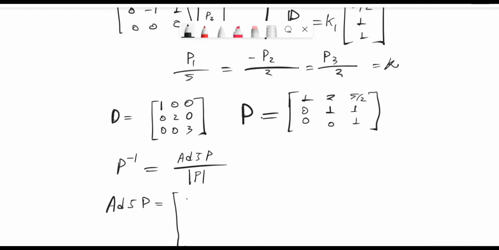First of all, we'll give the signs plus minus plus, minus plus minus, plus minus plus. So we will take this part and write it this way. When we take this row, we write this column.